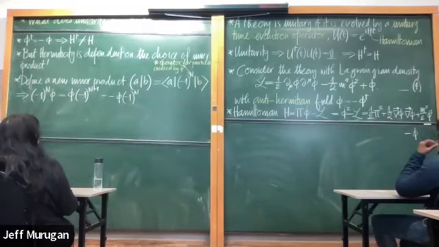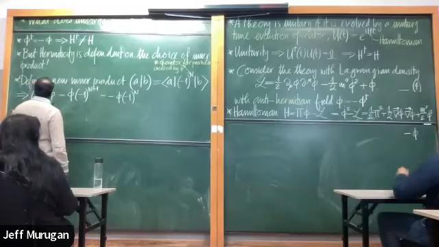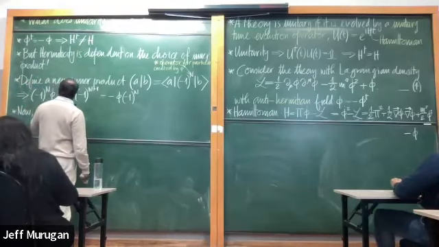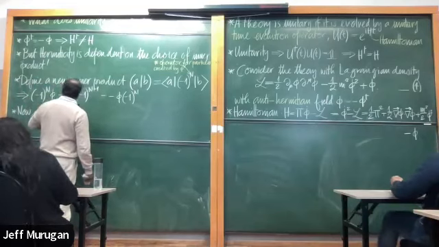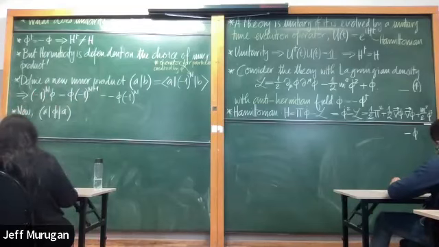So now let's calculate the matrix element of phi with respect to this new inner product. So (A, phi A). This is just phi, some operator. I'm calculating the matrix element of this operator with respect to this new inner product. I don't really care what the state A is, right? The point is the following.